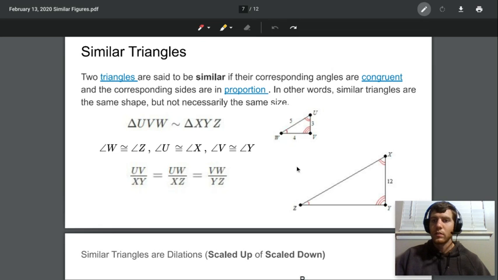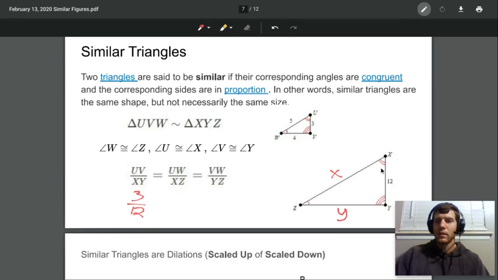Let's look at this and solve for the missing sides of this triangle. I'm going to call this one X and this one Y. We're going to solve for those two values. We know that UV is 3, so we substitute that in here: 3 over 12.